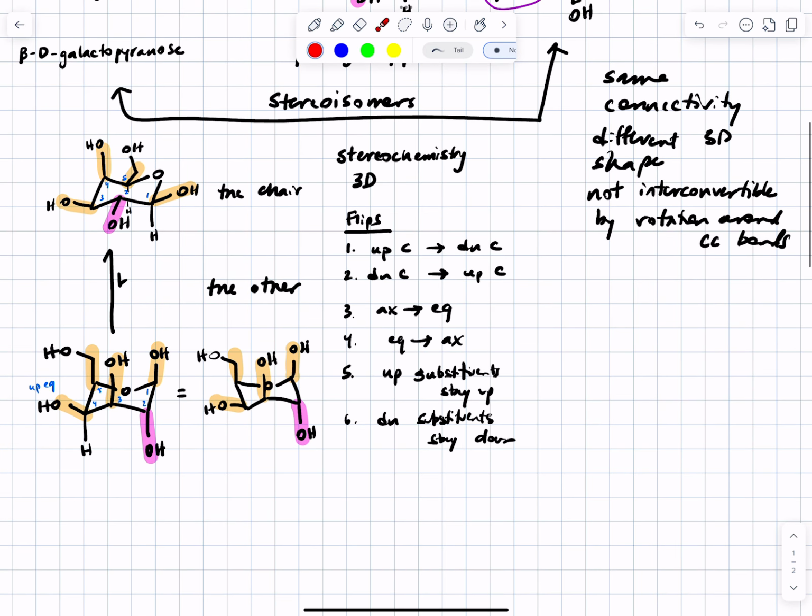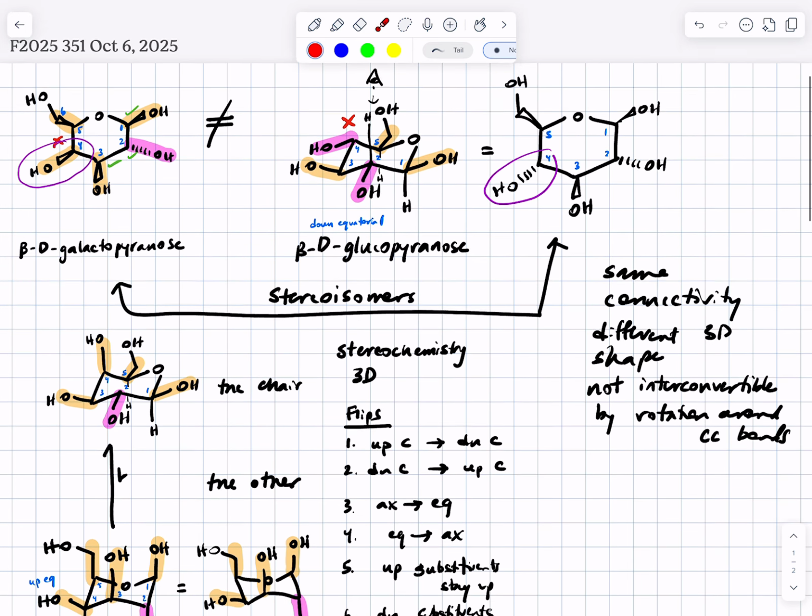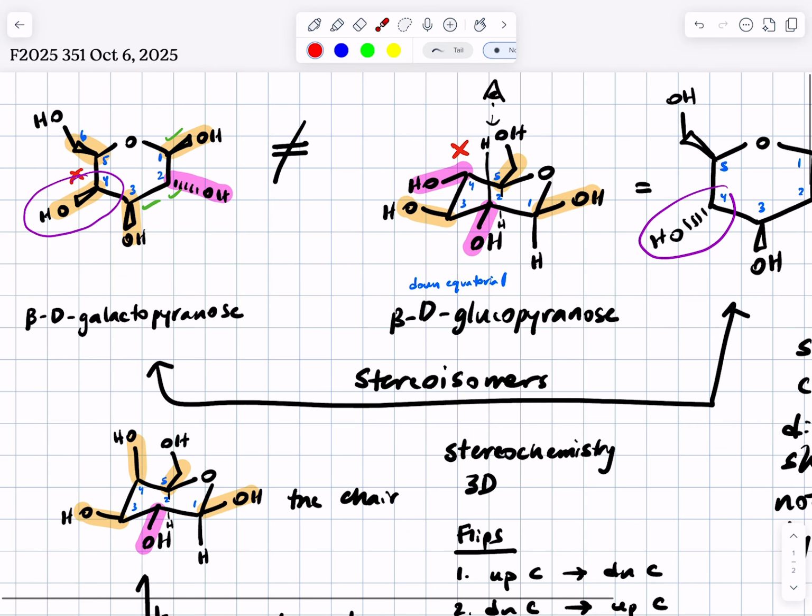Okay, let's talk a little bit more about this concept of stereochemistry. Stereochemistry is cool because you begin to see that there's more to molecules than you originally thought. These two are beta-galactopyranose and beta-glucopyranose. Those are stereoisomers. They don't do the same things in biology, but it's a really subtle difference, right?